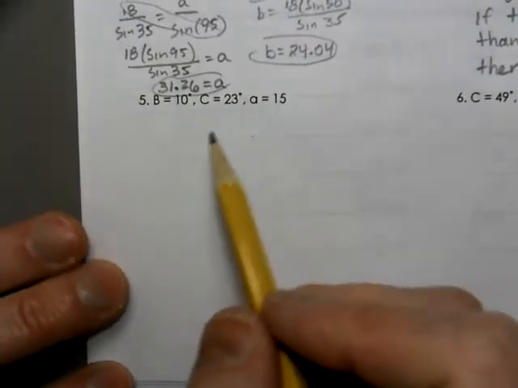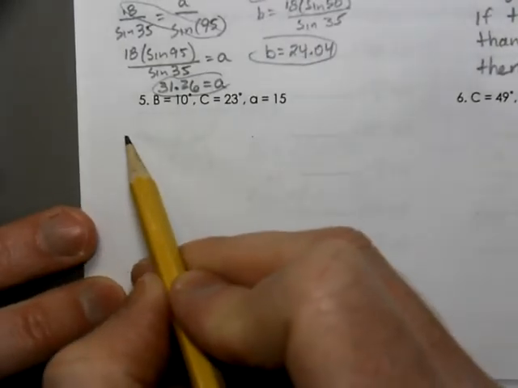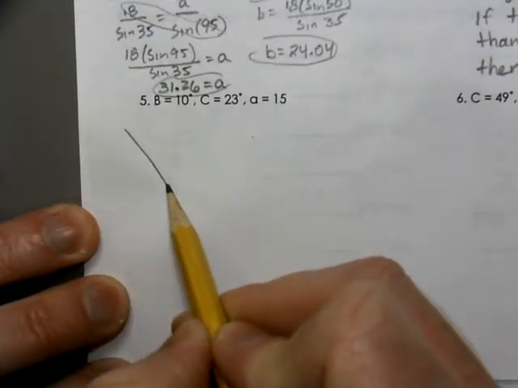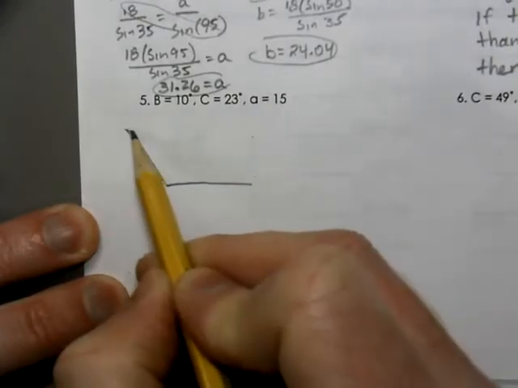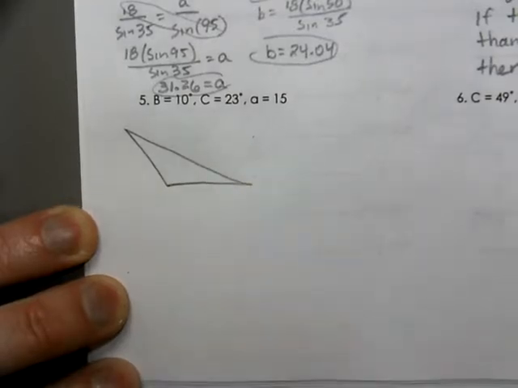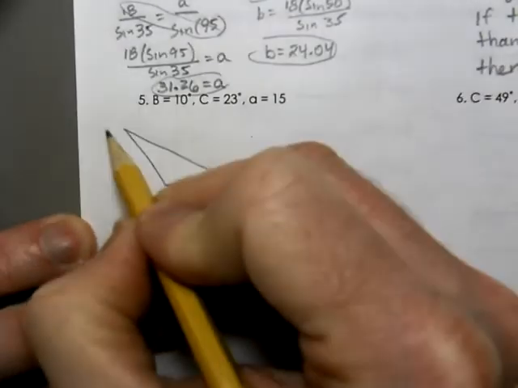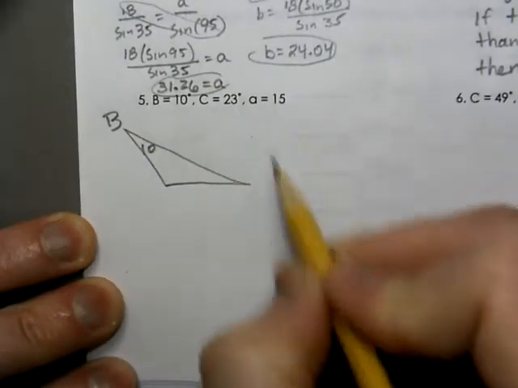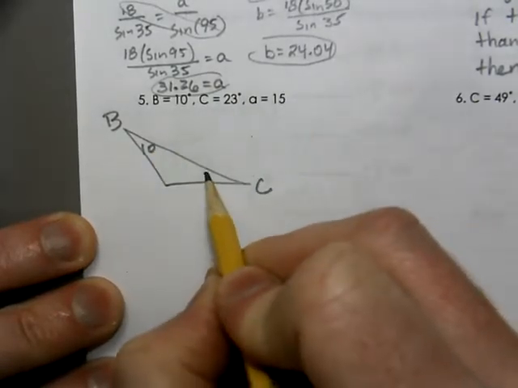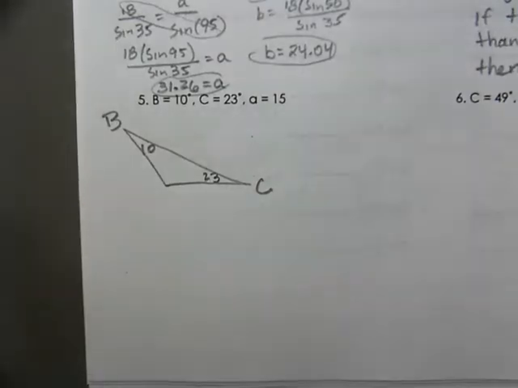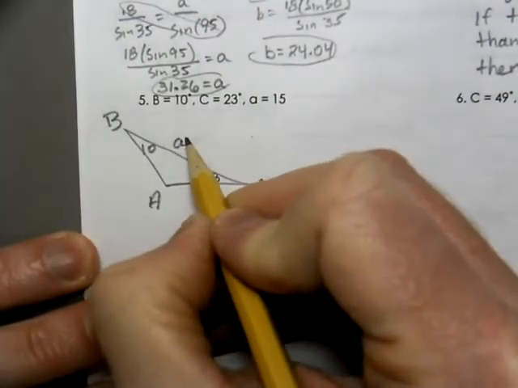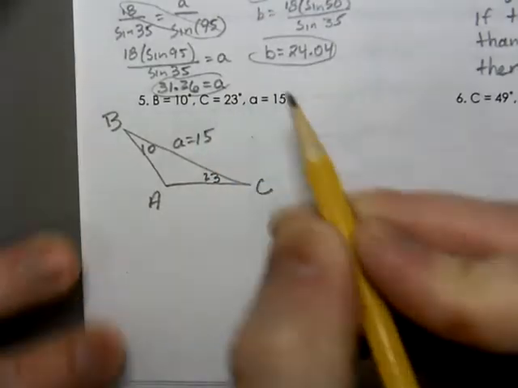Let's look at what they give us here. Okay, they're going to give us a small angle, which is 10, another relatively small angle, which is 23, and then angle A. Side A is 15.